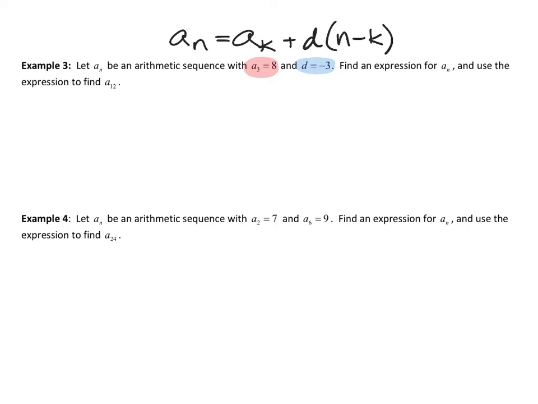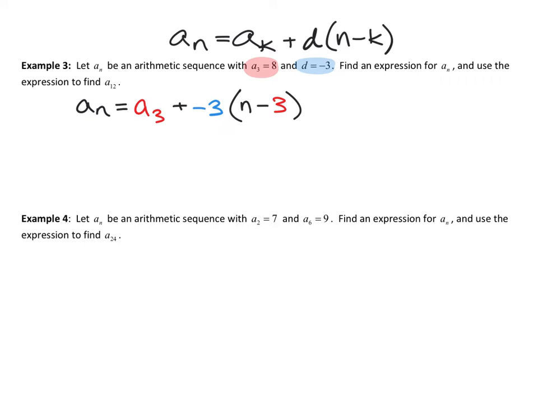We fill in what we know. We know that the sequence can be written if you have an output, let's say it's a sub 3, plus a common difference, which is -3, times the number minus that term. Okay, let's make sure we understand where I got all these things from. I should probably color code. Here's a sub 3, and here's 3. And here's my -3.